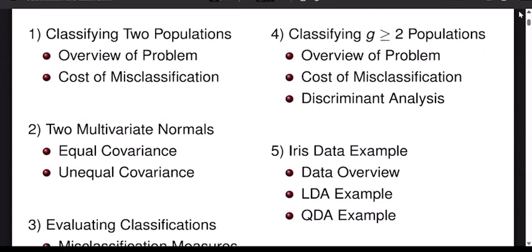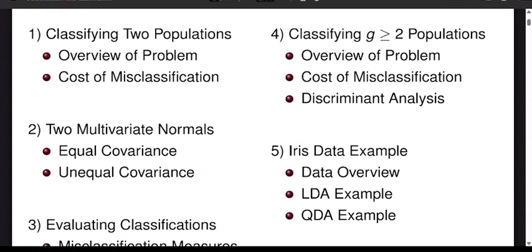I'm going to walk you through the overview of the problem of classification. And of course, because we're using a model to do classification, and our model is not perfect, definitely there's going to be some kind of misclassification. Every misclassification comes with a cost, so I'm going to walk you through the cost of misclassification.